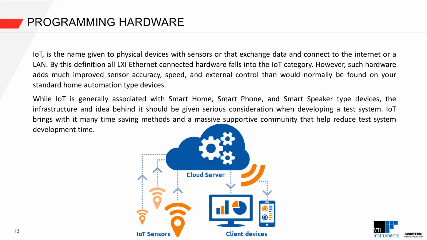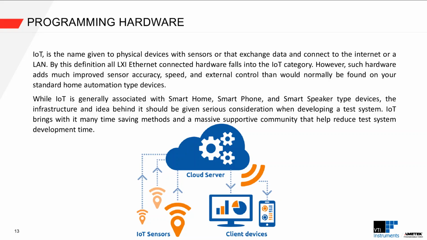So looking at IoT a little bit more, it's the name that's generally given to devices with sensors that exchange data and connect to the internet or to a local area network. This, by definition, means that every LXI-based hardware, data acquisition or signal generator, whatever it may happen to be, anything LXI test and measurement based, falls into this IoT category.